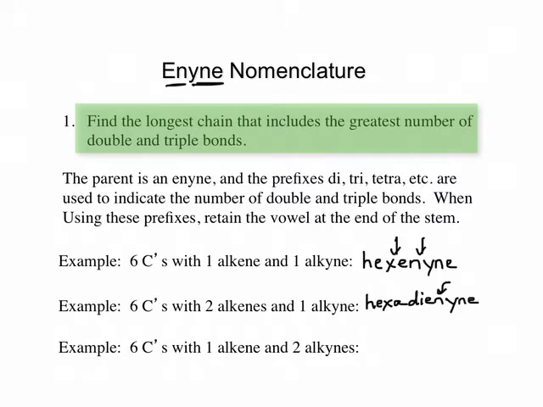Now, 6 carbons, 1 alkene, 2 alkynes. That is going to be hex. I don't need hexa because I have just 1 alkene, so it's hexene, and then diyne. Notice since there is D, which is not a vowel, I had to put the E. We'll get used to it, don't worry.